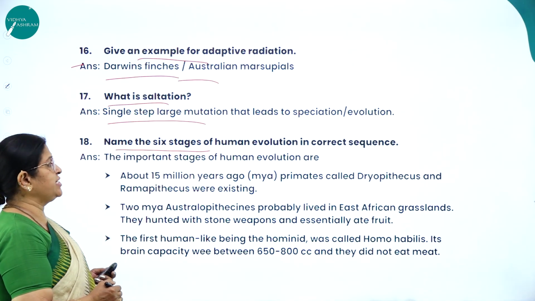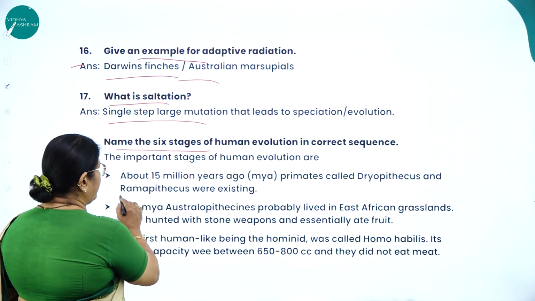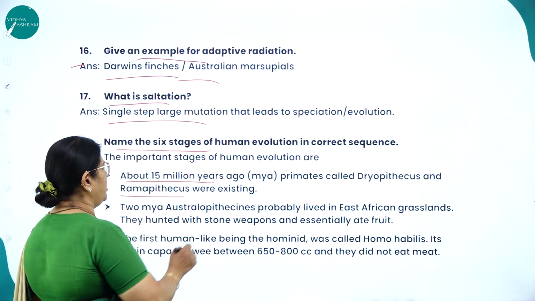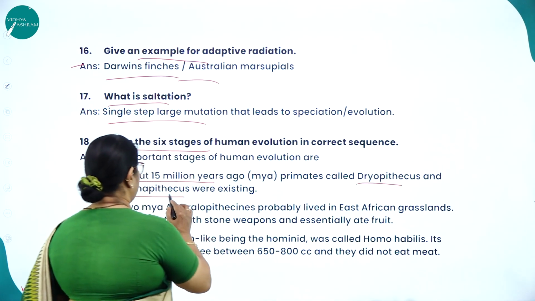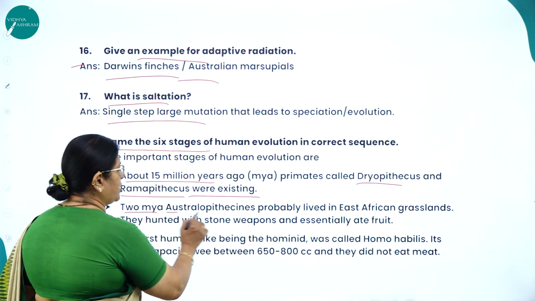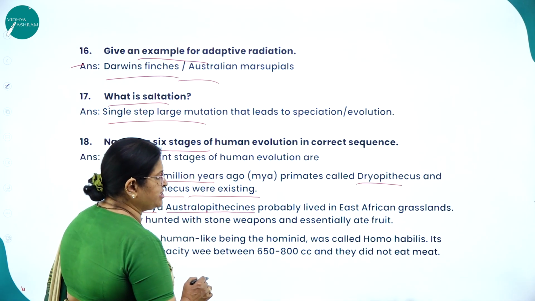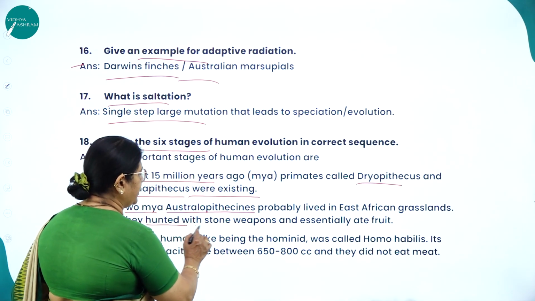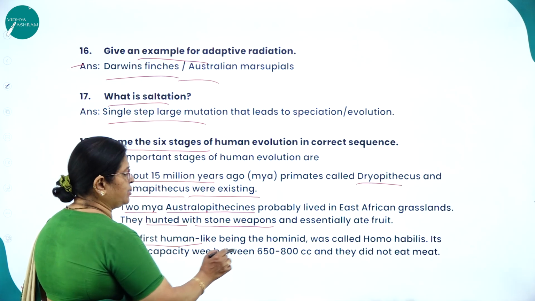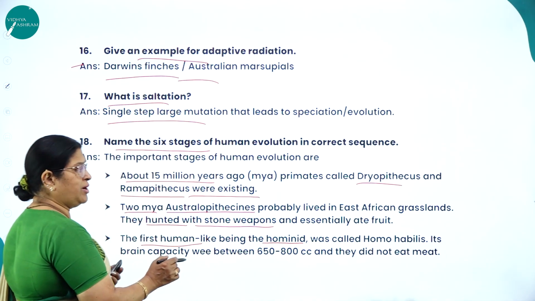So the important stages of human evolution are what? Ramapithecus, about 15 million years ago, primates called Dryopithecus and then Ramapithecus were existing. 2 million years ago, Australopithecus probably lived in East Africa grasslands and they hunted with stone weapons and essentially ate fruit. The first human-like being, the hominid, was called Homo habilis.